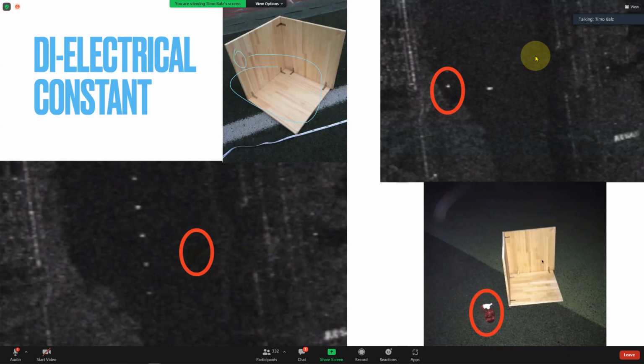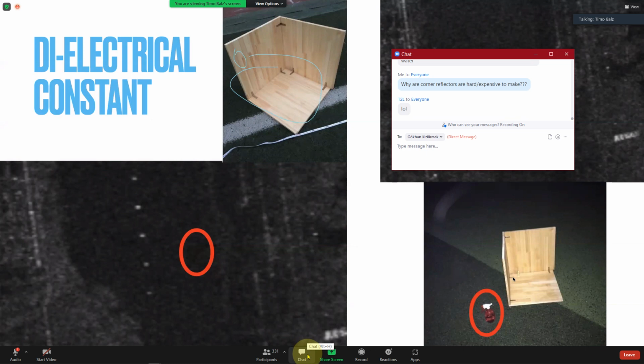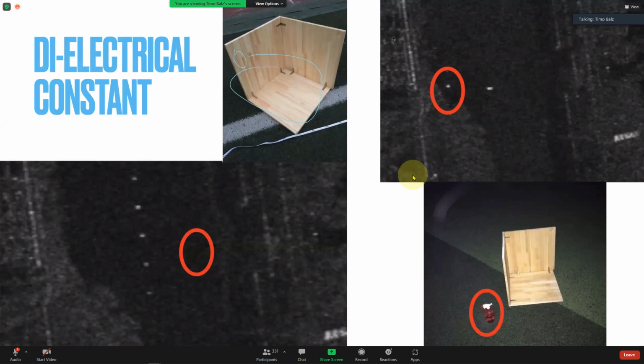If I add a little bit of water on it, it comes up. It's the water that's actually reflecting. It's not the wood. So that's a very interesting experiment to do and to learn, and I hope you also see that it's the water that plays a big role in it.